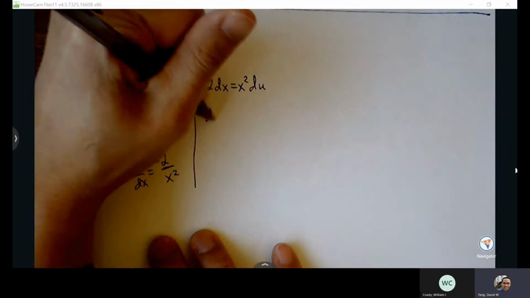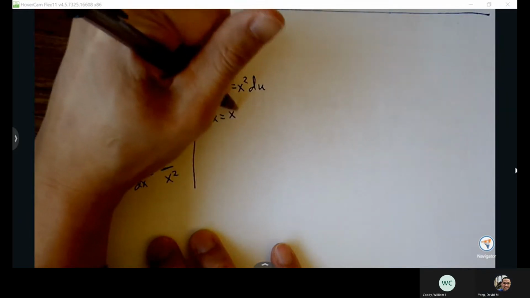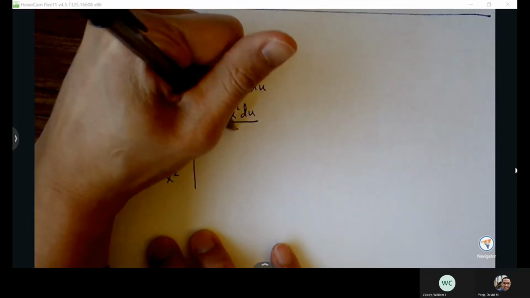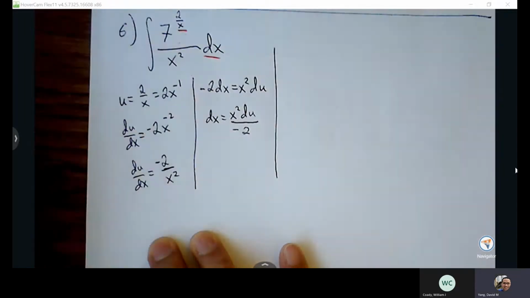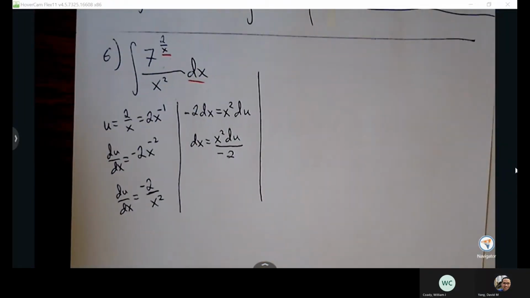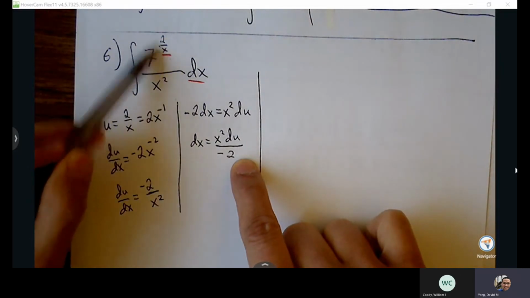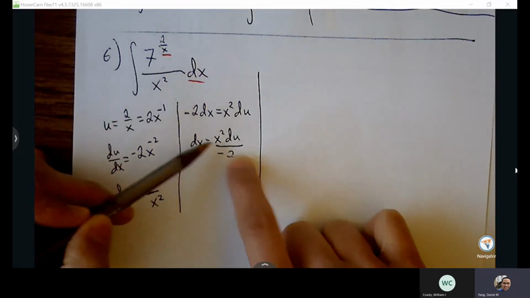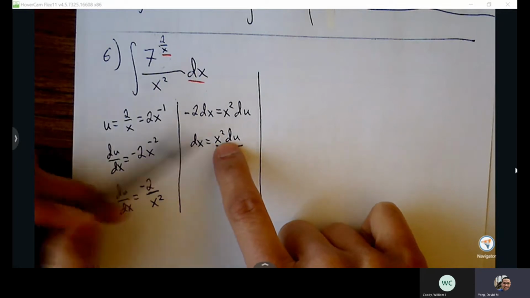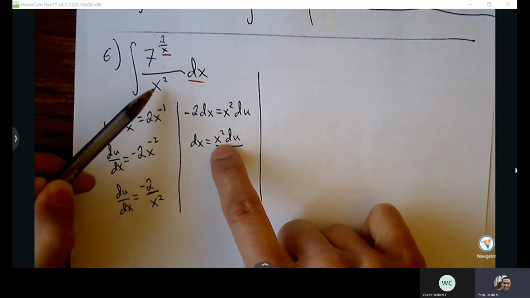Solve for dx. Take your substitutions. Exponent with the u, dx with this. And you see that x squared showing up. That x squared will pair up nicely with this x squared here.